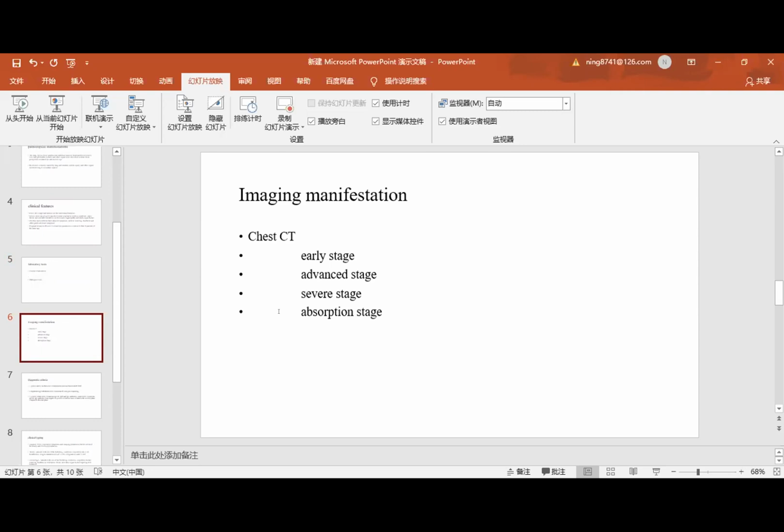Chest CT shows early multiple small patchy images and interstitial changes, which are evident in the extrapulmonary bands. This progresses to multiple ground glass and infiltrative shadows in both lungs, and in severe cases, solid lung changes, which may appear as white lung.